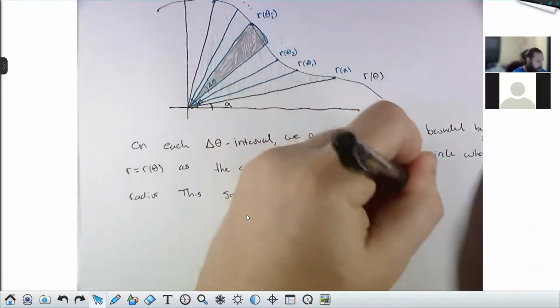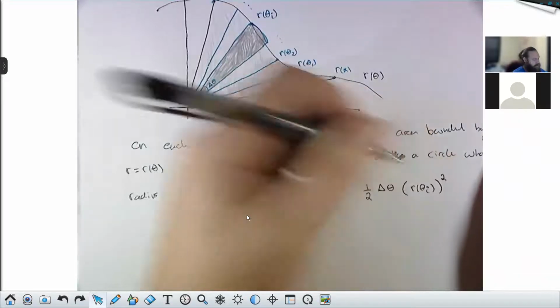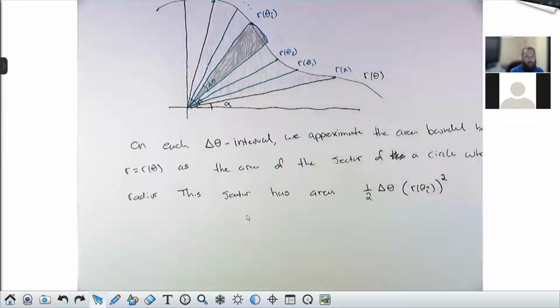The radius of the sector is R of theta I, and then we square it, right? This is using that formula for the area of a sector, 1/2 theta R squared. Well, the inner angle here is delta theta, so that's what I plug in for my angle. And the radius of this sector is the output from the function R, evaluated at that angle theta I.